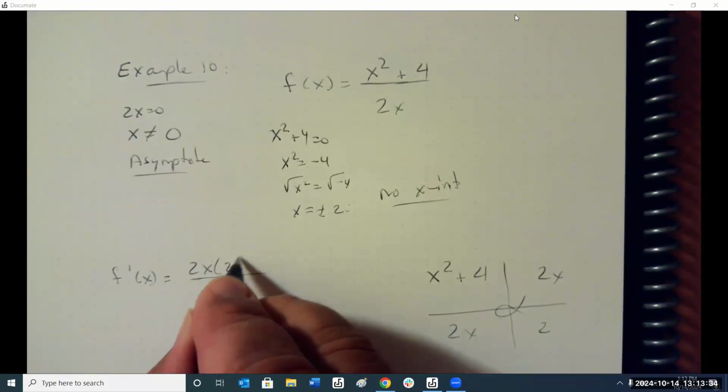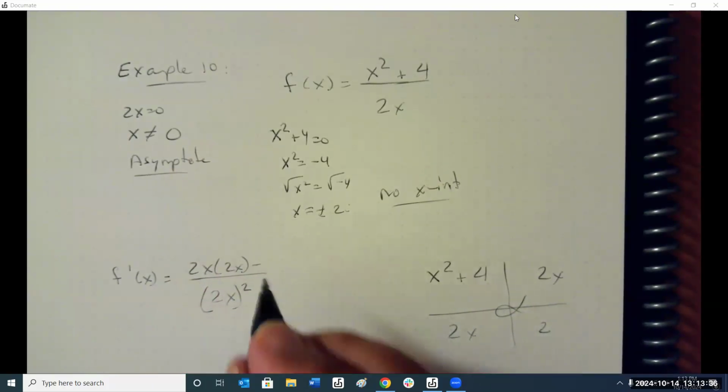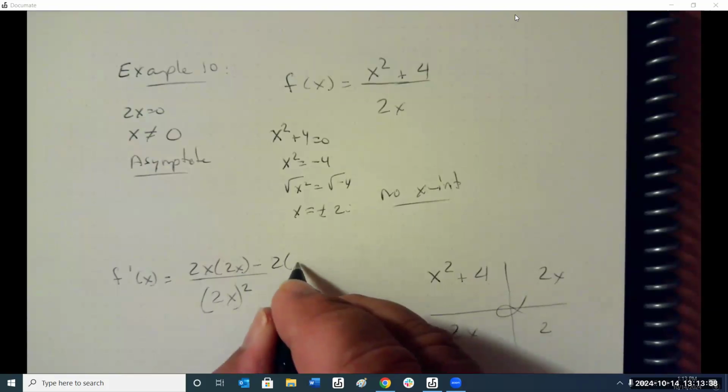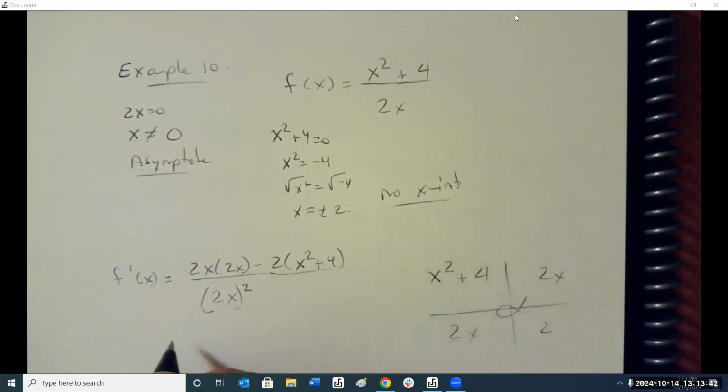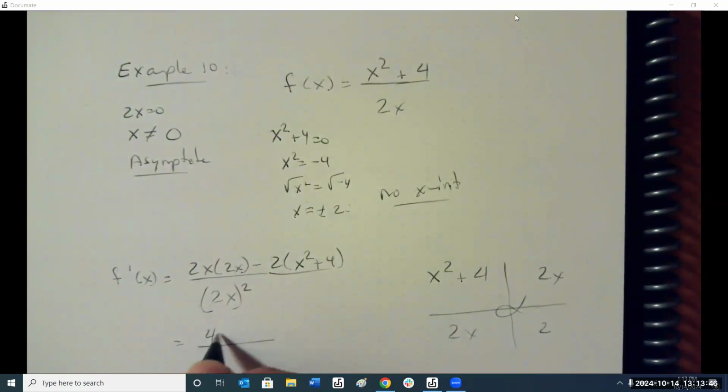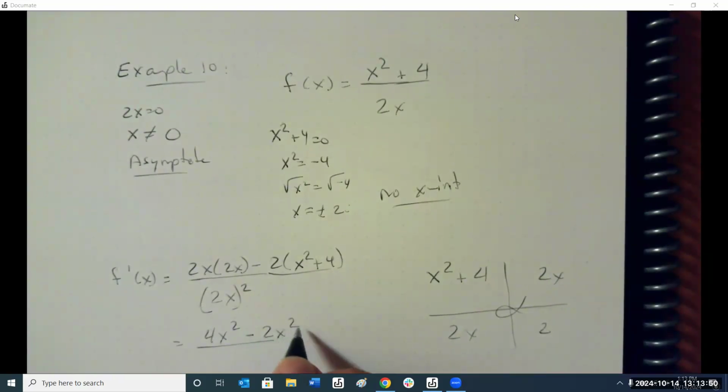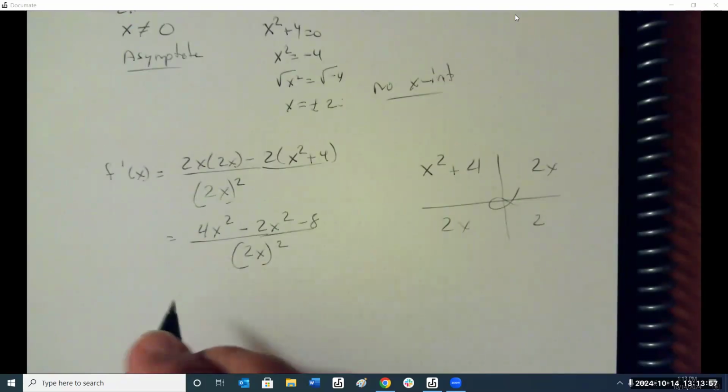Two x times 2x minus 2x squared plus 4. 4x squared minus 2x squared minus 8 over 2x squared.